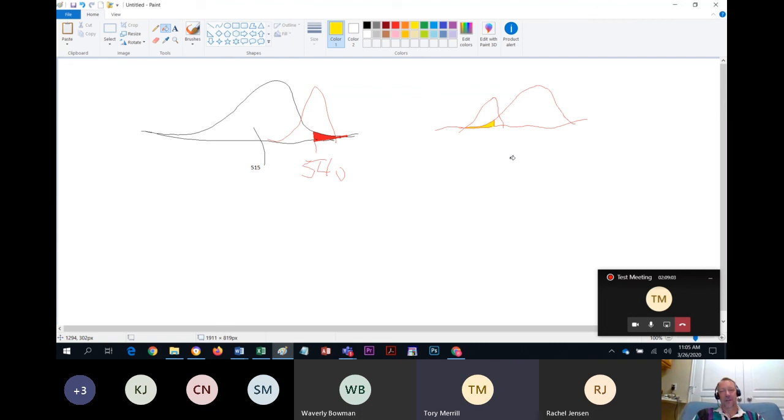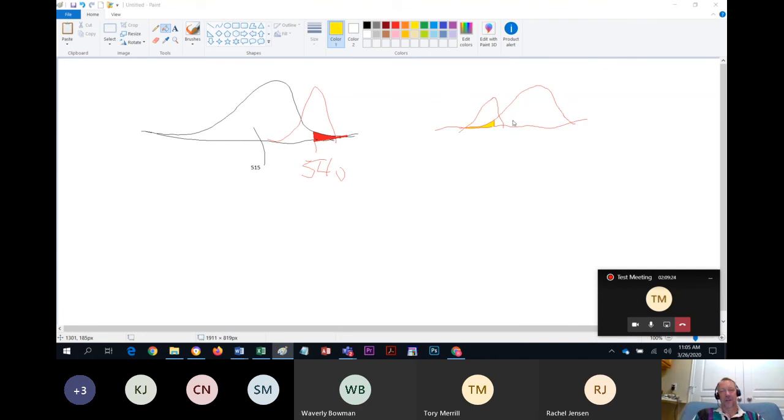And so that's where the picture comes in handy, because I know it's hard for students to know, do I subtract it from 1 or not? And that's why I say draw the picture. This one here on the left, yes, you subtract it from 1. This on the right, no, you don't subtract it from 1.